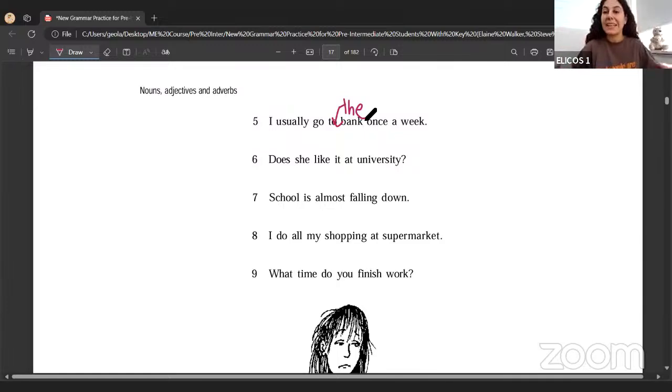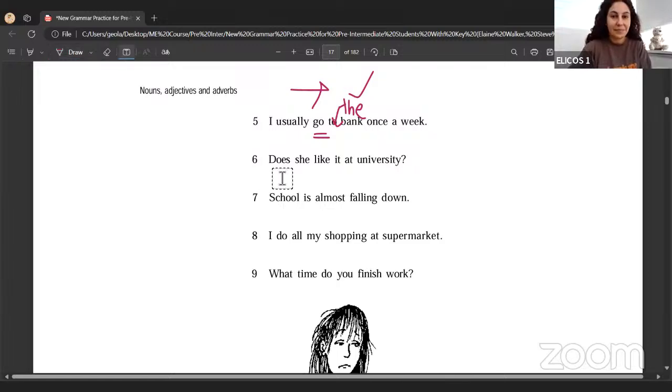Remember, before the places that we visit. So especially that verb, I go, then immediately need to say, I go to church on Sundays, I go to my parents, I go to my bank. So especially when we go somewhere, yes, we need the. I usually go to the bank once a week.